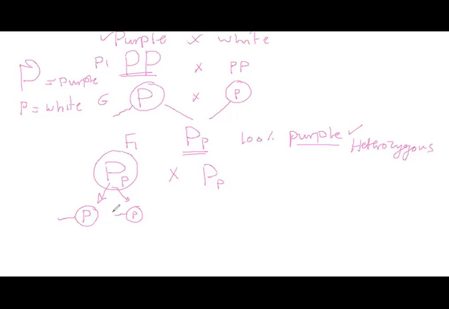The other plant is also the same: it may have P capital or P small. So those are the possible gametes, or sex cells, which may form.